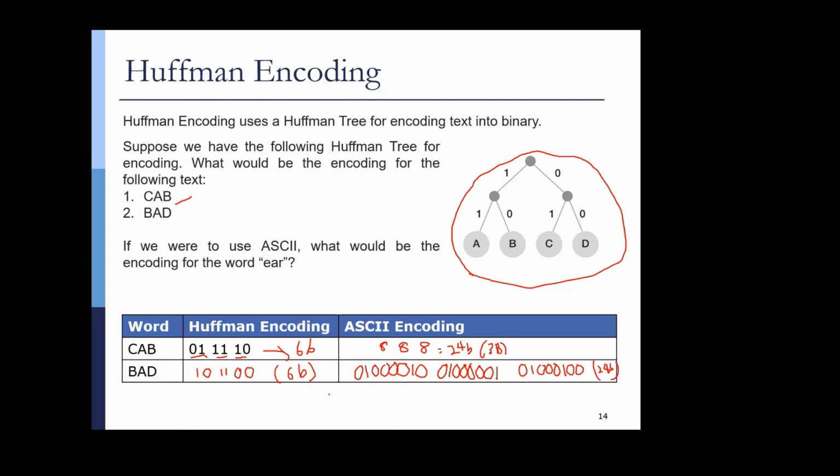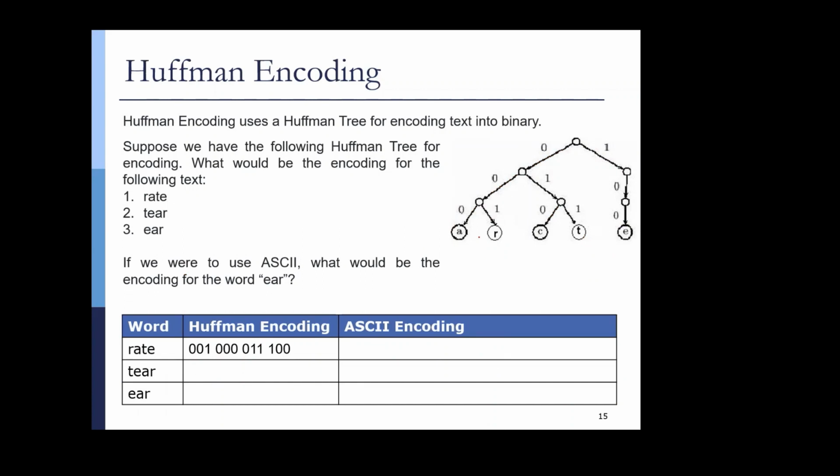But of course, the drawback of Huffman coding as compared to ASCII is that we also have to send the whole tree together with the message to the receiver. So I leave this other slide for you to try out on your own, for a different Huffman tree for different sets of words.